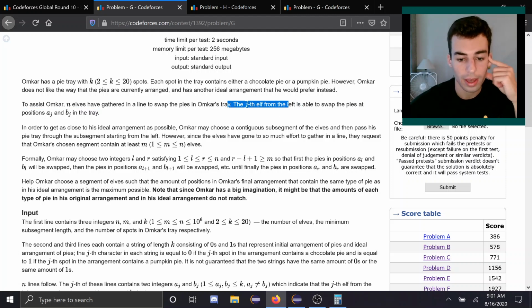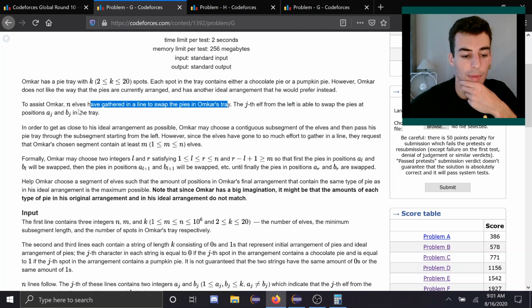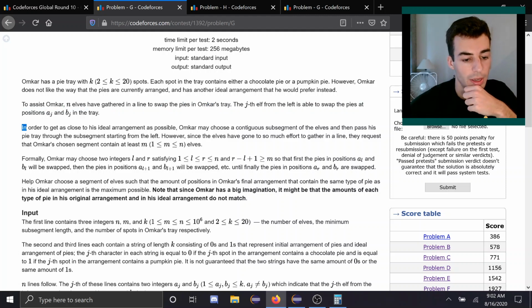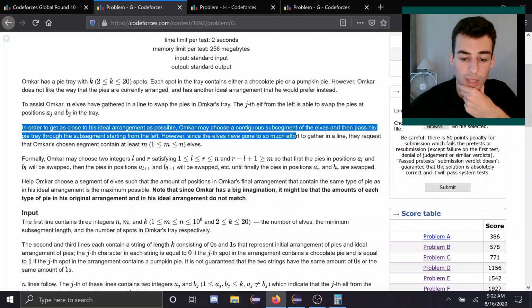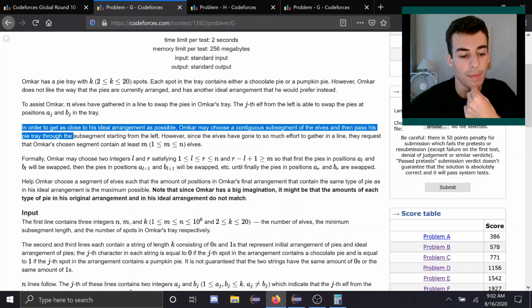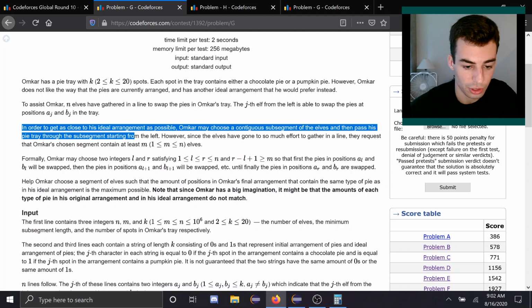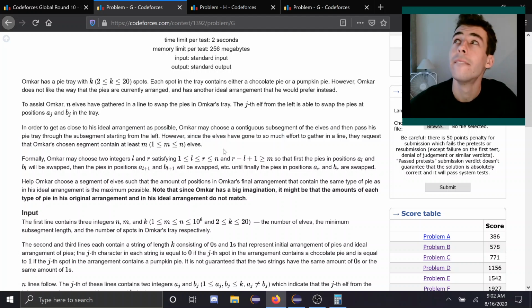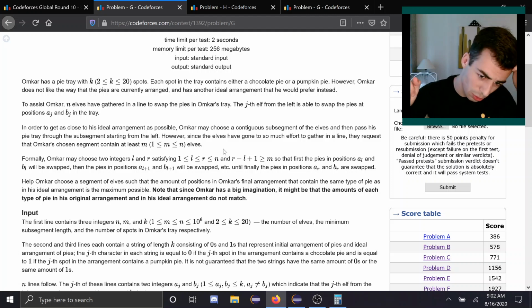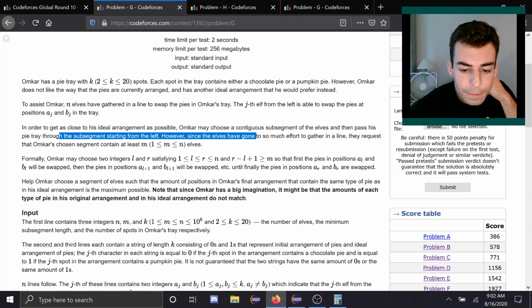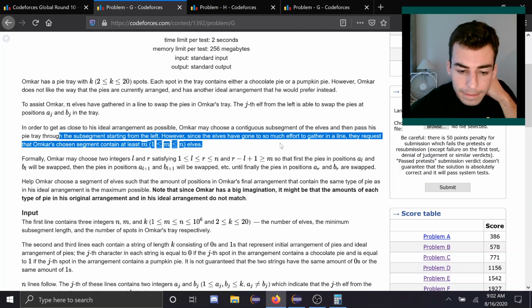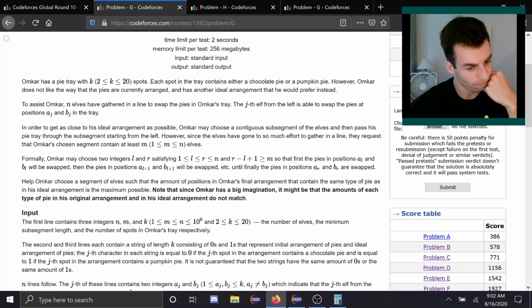The Jth elf from the left is able to swap pies at position A and B. In order to get as close to his ideal arrangement as possible, he may choose a continuous subsegment of elves and pass the pie tray through the subsegment starting from the left. So you take some continuous range of swaps. You also have to use at least M elves.